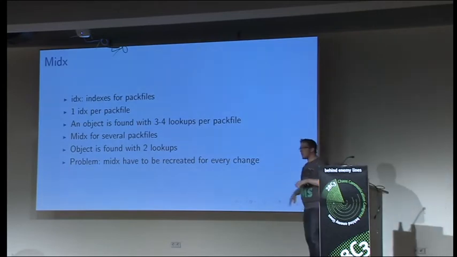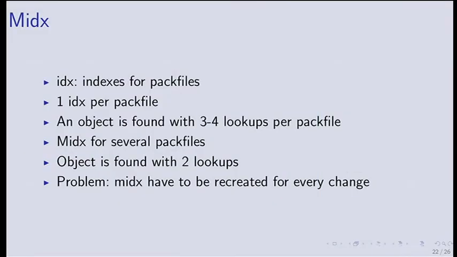Do you remember the pack files in Git? Every pack file is just objects written out one after another, and idx files are indices for these pack files. If you want to look up an object in a pack file, you need about 3 to 4 lookups per pack file. In a big backup set, you can have several pack files.